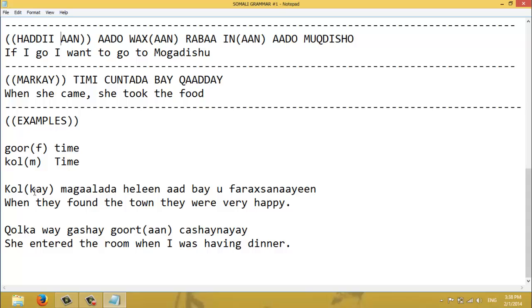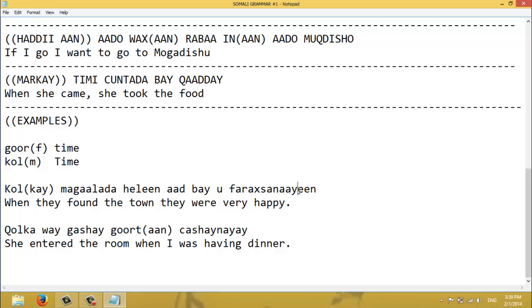So yes, it also means she, but you've got to look at the verb as well. So we're coming to that. So kolke, when they, magaalada, the town. Helene, this is the verb now. So this is found, and as you can see at the end, yin, that's dealing with them. Aad bay u faraxsanayiin, and see yin again, that's dealing with them.